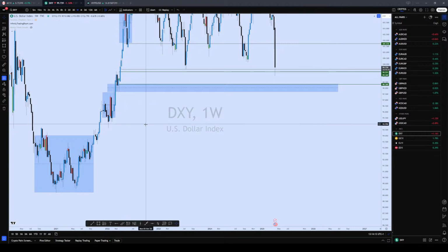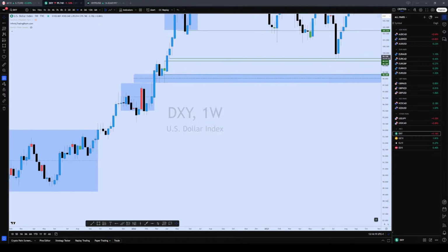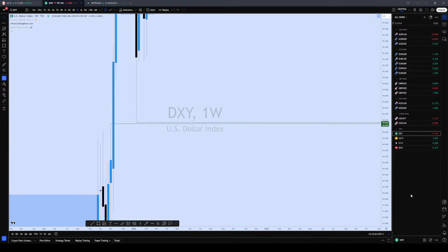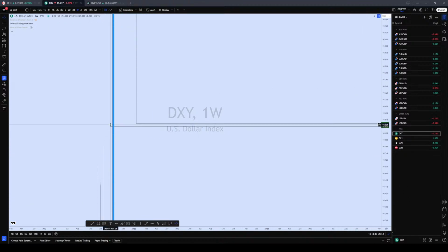Apart from that gap, there is no other gap until right here. There's a small little one. Okay, it's tiny, but it's there. Okay, you can see this to that.